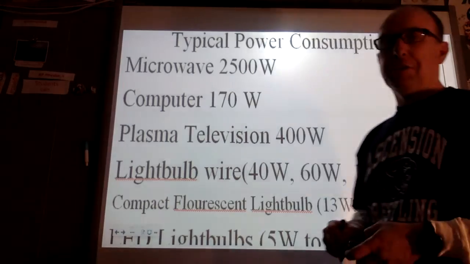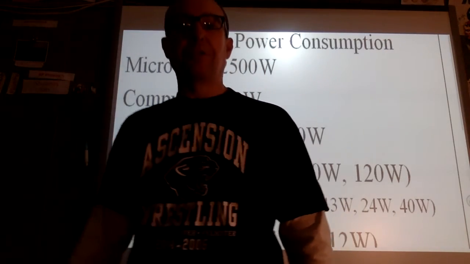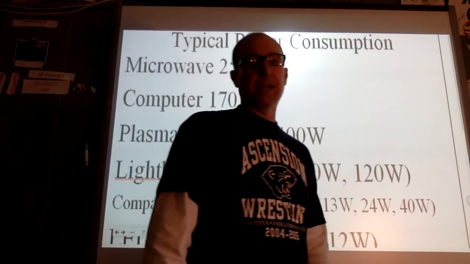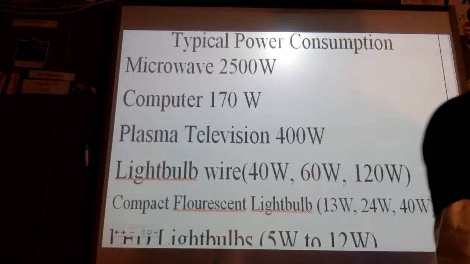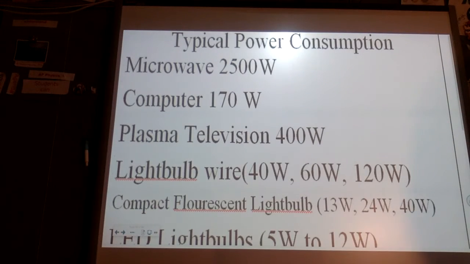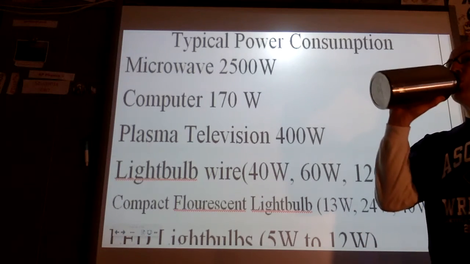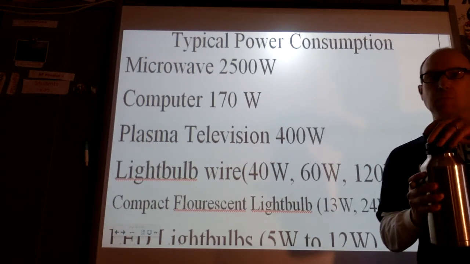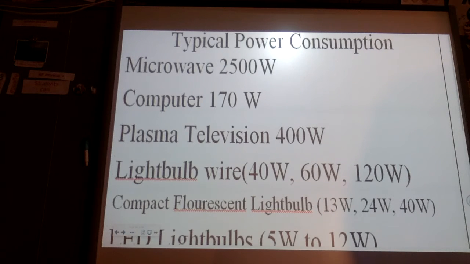So energy consumption in our homes, certain things use up more joules per second than other things. You think about an air conditioner or a pump for a pool or a dehumidifier. All of those are going to use up a lot of energy.